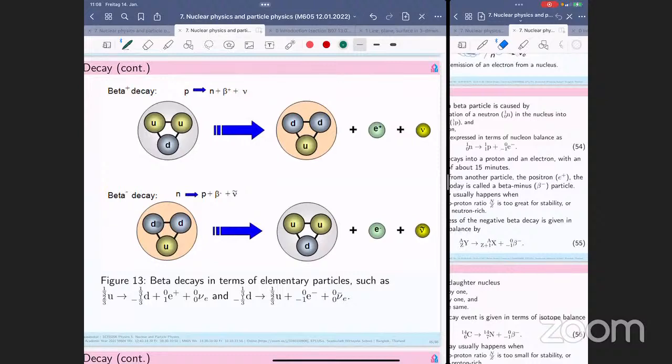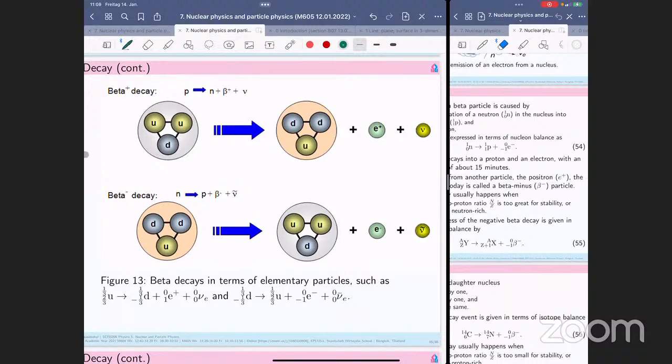Okay, this is the neutron. We have two down quarks and one up quark. And after the conversion, one of the down quarks is converted to an up quark, and from this conversion, an electron is going out, and an electron anti-neutrino is created.